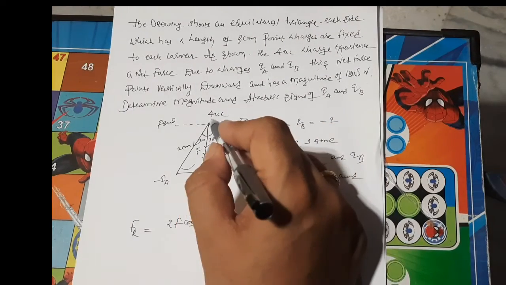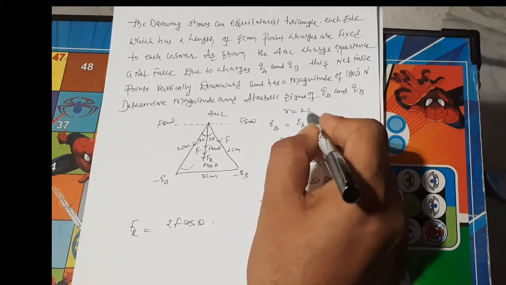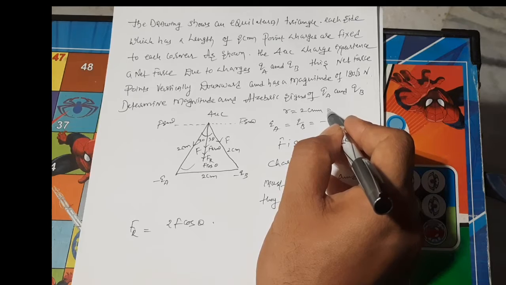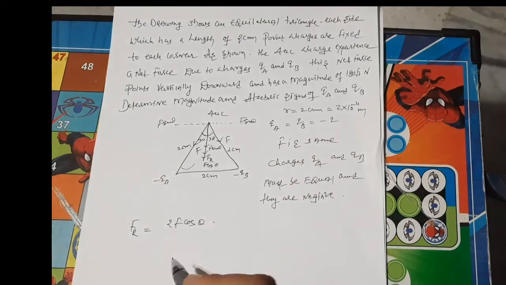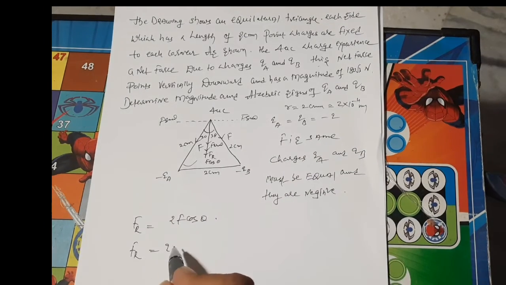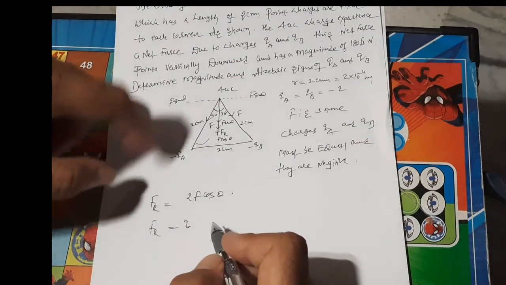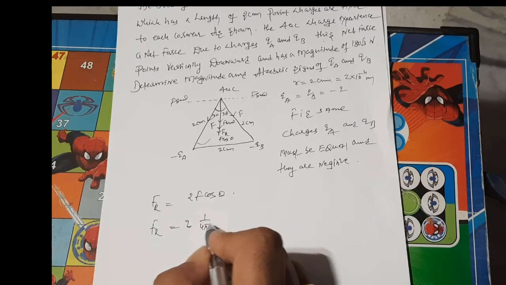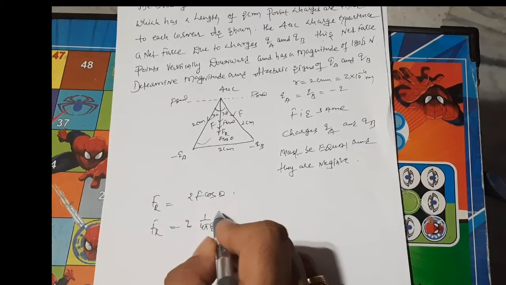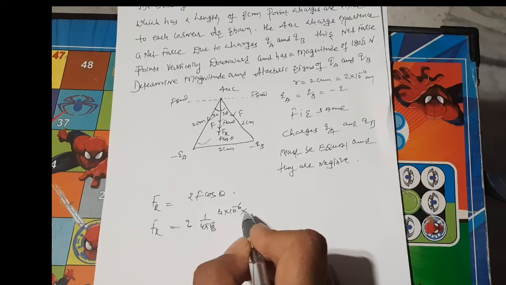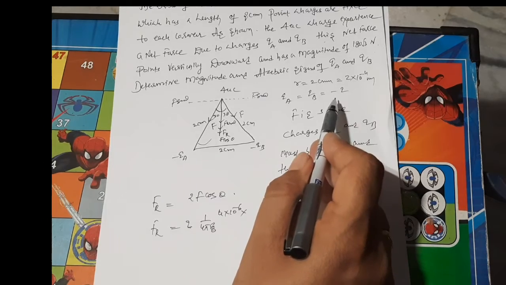Here the distance between the 4 microcoulomb charge and the charge minus QA is 2 centimeters. R is equal to 2 centimeters. This is in CGS, so convert into meters: 2 into 10 to the power of minus 2 meters. So Fr is equal to 2 into F, where F is 1 by 4 pi epsilon naught, 4 microcoulombs times Q, divided by R square. That is 4 into 10 to the power minus 6 into Q. QA and QB are negative and they are equal.